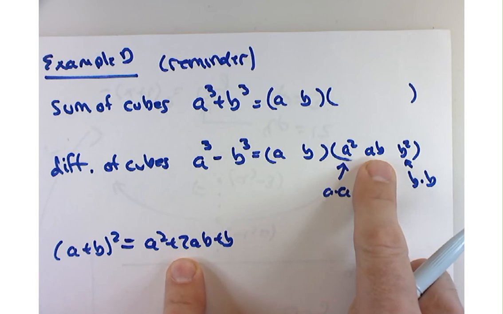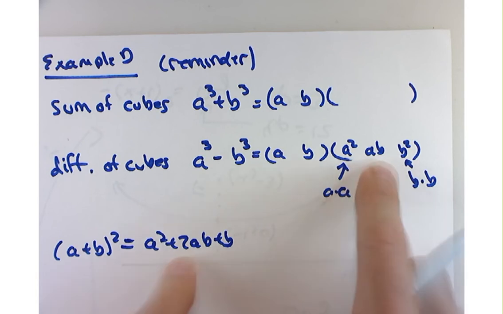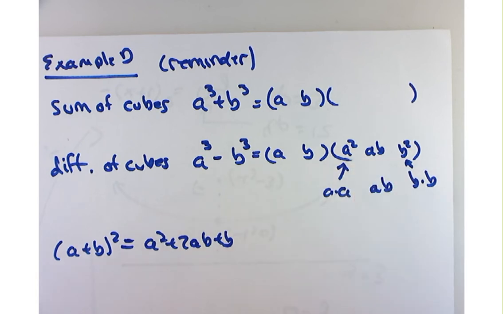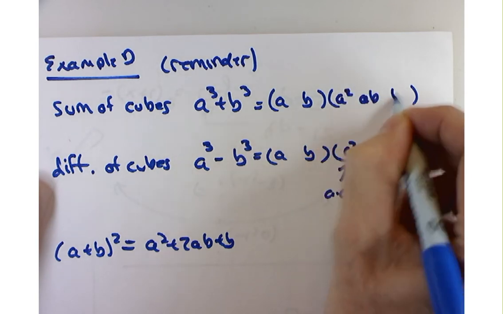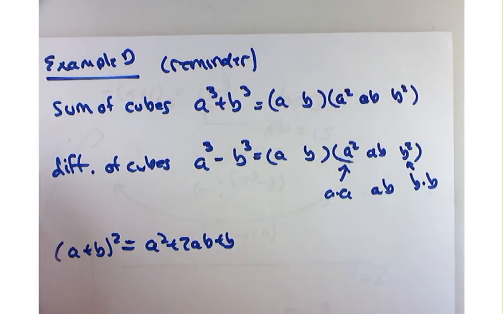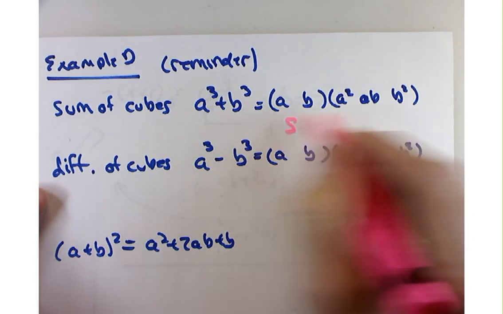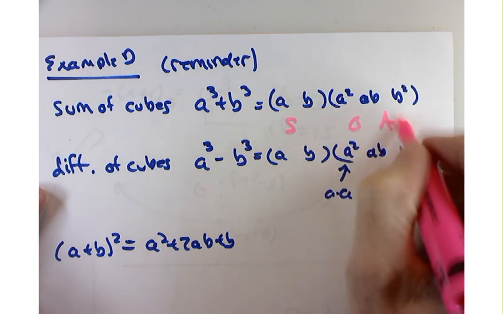So that's saying that you can't factor this any further. Neither of these factor any further. If that was a 2, then I'd be in great shape, but it's not. Okay. Now this is the same up here: a squared, ab, b squared. So, okay, great.